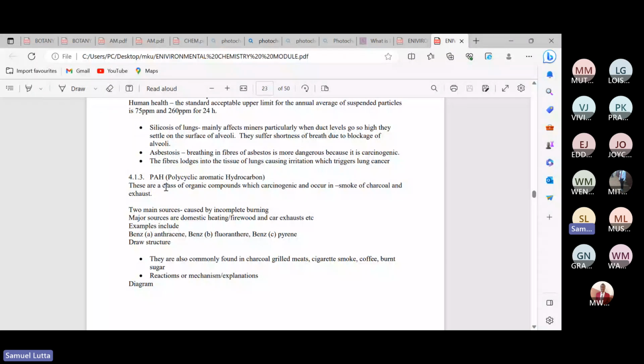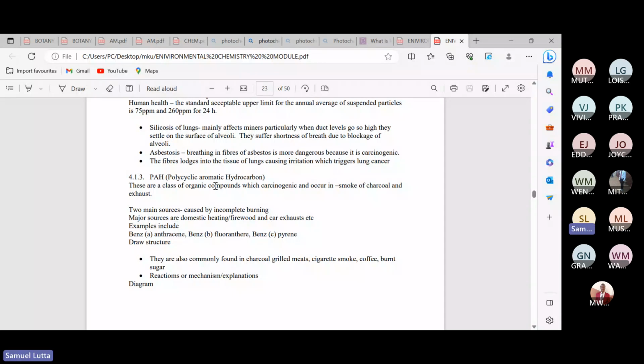That's why people are normally discouraged from taking a lot of roasted meat because of these particular effects, especially if the fuel is not clean. They can also be found in cigarette smoke, coffee, and burnt sugar.